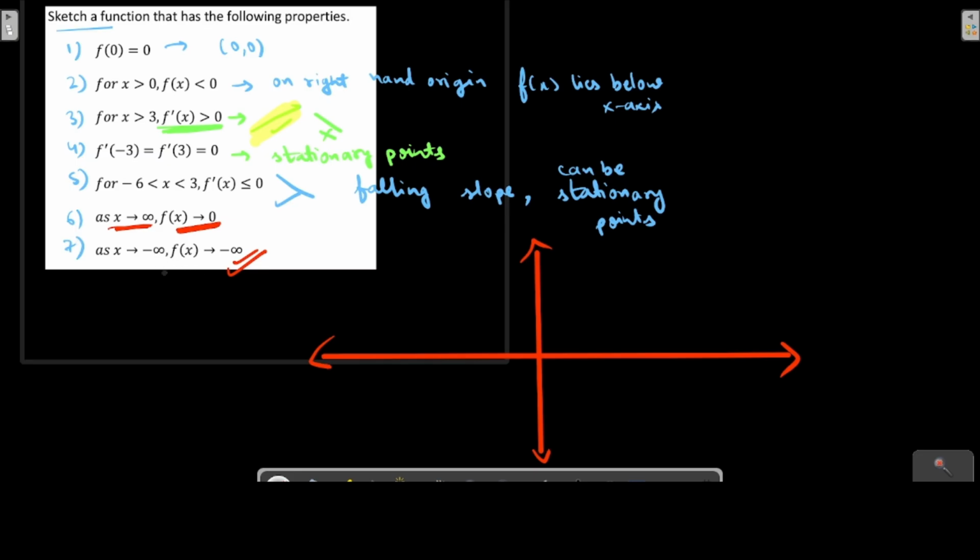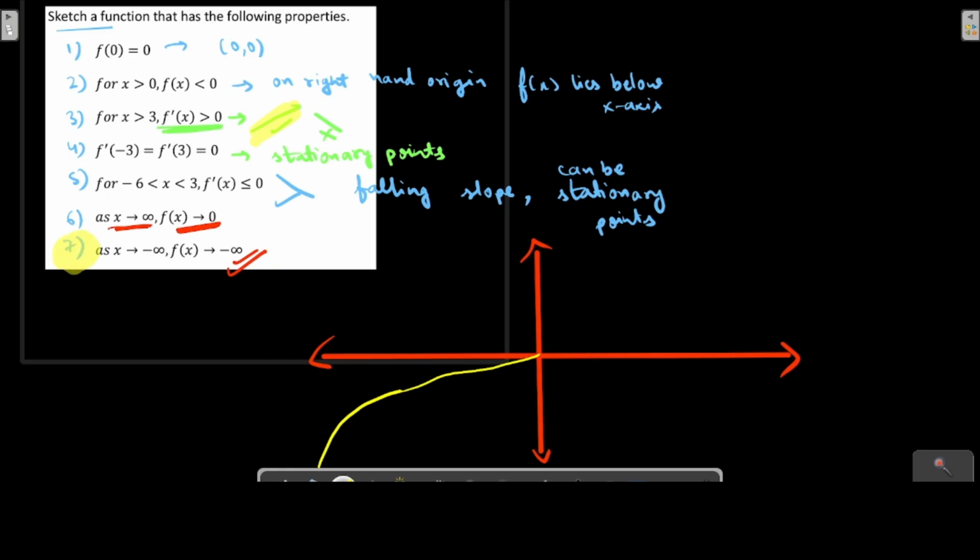So it is coming from negative infinity, right? As x is at negative infinity, it is coming from down, and it passes through the origin, which is given to us. So this condition is taken care of.